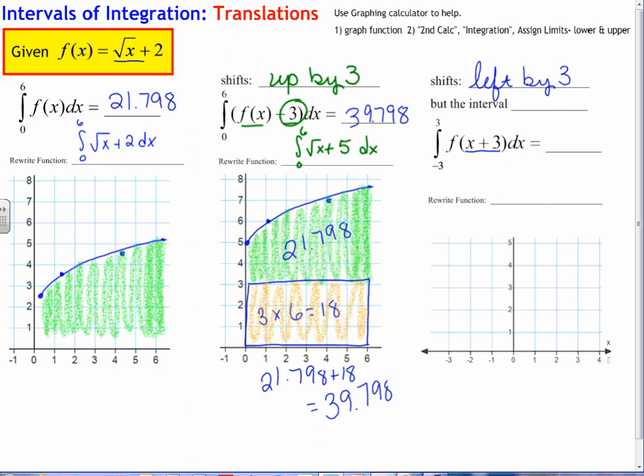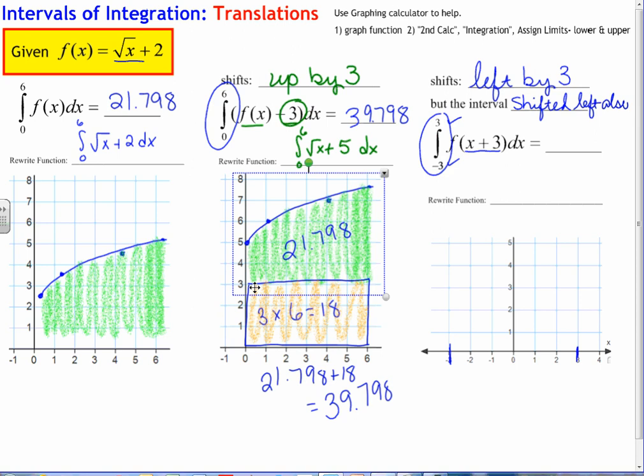But if I look at my integral, look at how this interval of the integral changed. The interval shifted as well, didn't it? Shifted left also, because it's asking us to run from -3 to 3, so it wants me to take the area from -3 to 3, not 0 to 6 anymore.